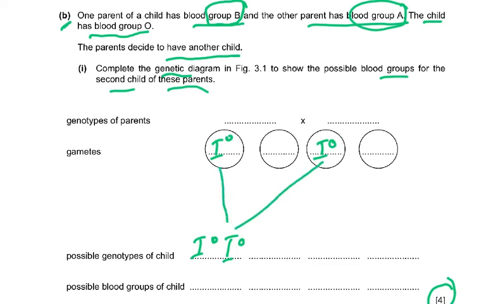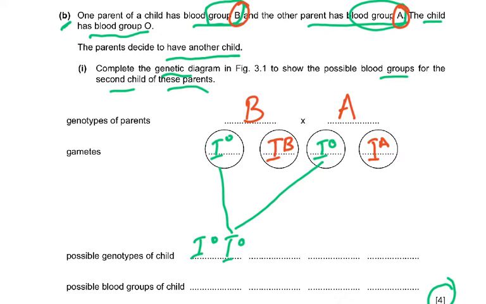Only then can you get an IO. But this parent was B and this parent was A. So if it is B, this has to be IB and this has to be IA.